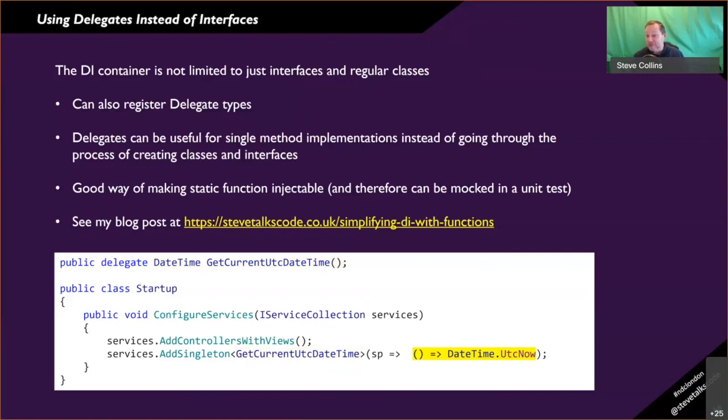It also feeds into the single responsibility principle, as the delegate just does one thing. If you have multiple DateTime related functions, you may still want to use an interface and class, but if those functions don't share any logic, you could just go and create multiple delegates. This is where the custom delegates have the advantage over the Func family, as the delegates can all have the same signature, but they're distinguished by the delegate name.